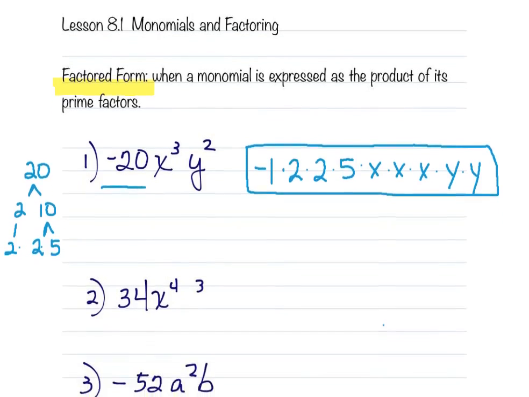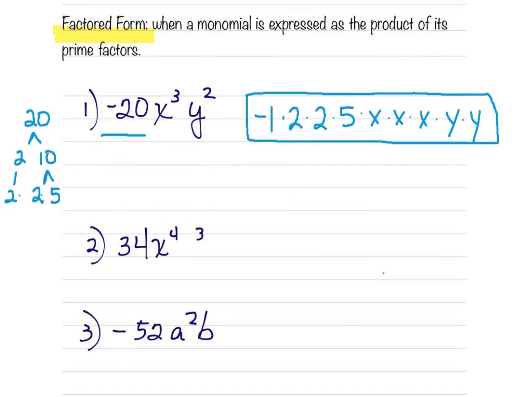Okay, let's go on to number 2, 34 x to the 4th, and I'm sorry, but this is supposed to be y to the 3rd.